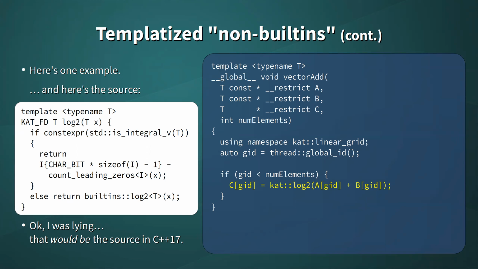So that's as far as I want to take it for now with templatization. But it's important to note that if you look at CUDA itself, most of the code that's available to you on the device side is not templated. It's C style, like in the examples that we had.